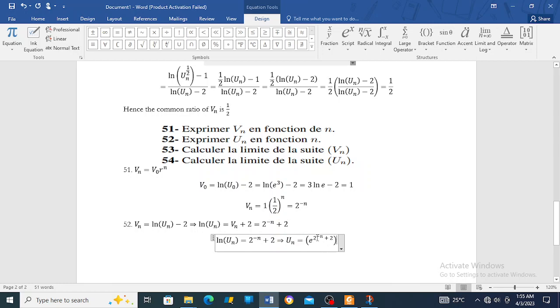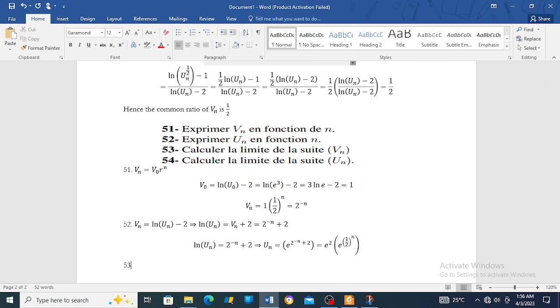Alright, if n is equal to 0, because you can still write this as e squared times e raised to the power 1 on 2 raised to the power n. Okay, it's the same thing. If n is 0, this quantity will be 1. e raised to the power 1 is e, then times e squared is e cubed. So the first term coincides.